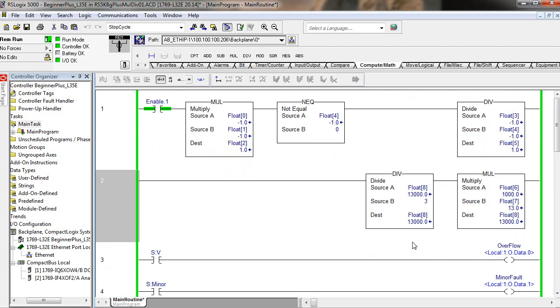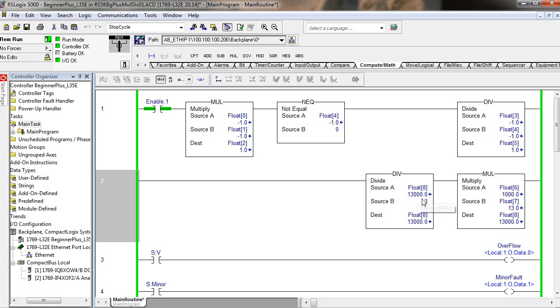Maybe you'll occasionally see this display 4,333.3335, because there is an instant in time. Think about this. When this rung is being scanned, it's unconditionally true. And remember that these controllers only execute one instruction at a time. It's not executing both of these simultaneously. The value of 13,000 is fixed.